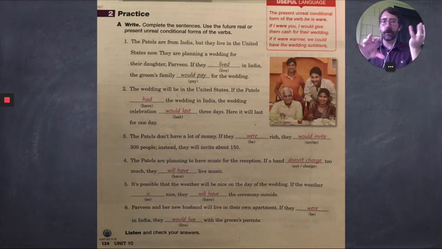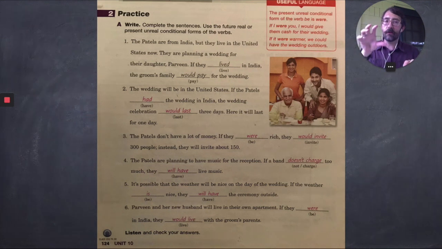But they don't. They're imagining what life would be for them in India, so they use the present unreal. But reality is the Patels live in America, so whenever we're talking about what they are thinking about that has a real possibility for life in America in this exercise, we're going to use the future real.